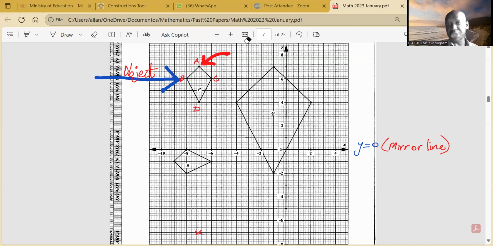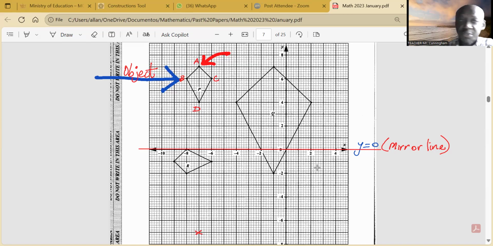All right, let's check. So our mirror line, remember the mirror line, Naomi, is this line here. Y equals 0. That was the mirror line. So check again.